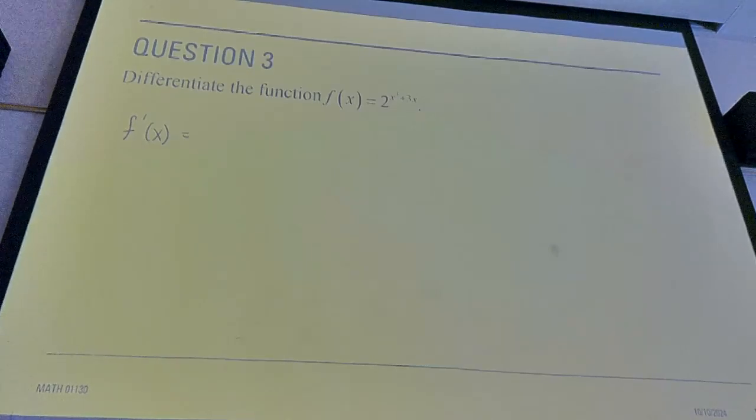Base 2. It's the function times the natural log of 2. Now chain rule. What has to be multiplied?